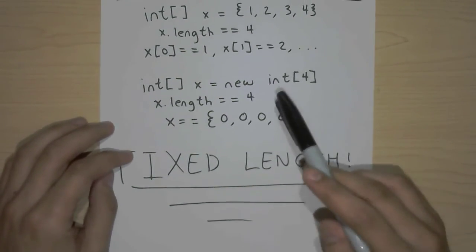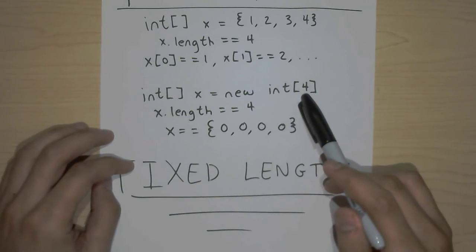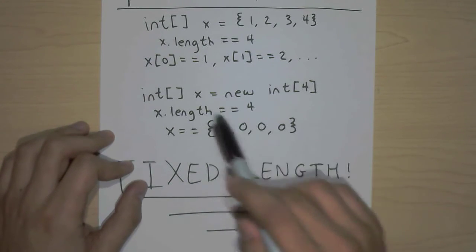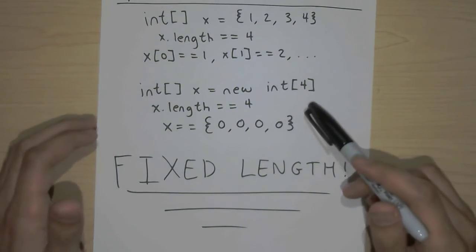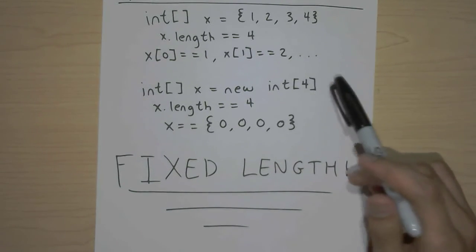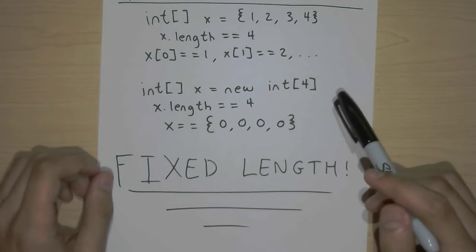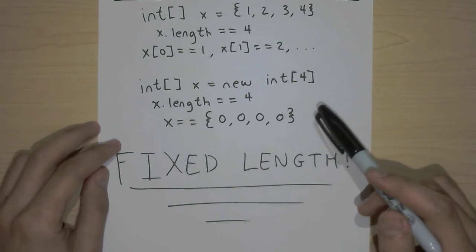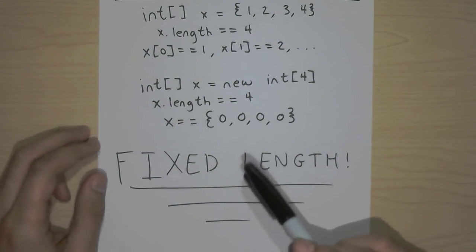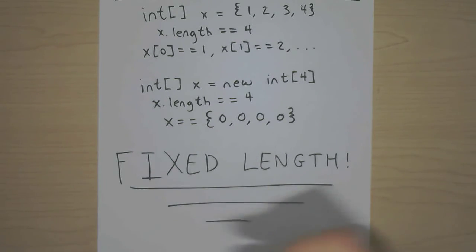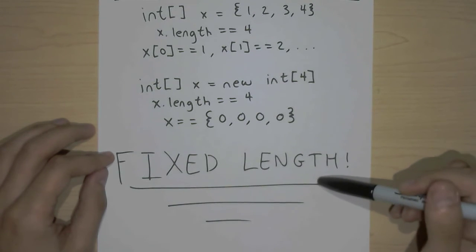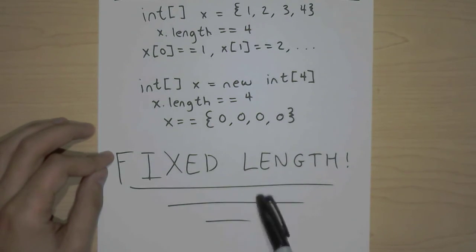In Java, if you told it it can only hold 4 elements, it will only hold 4 elements. You cannot make it hold 5 or 6 elements until you recreate the array, which would make the array empty again. So if you don't know how many values you're going to be storing, err on the side of more rather than less, because unless you want to deal with creating a new array and copying all the values over to this bigger array, just put more in, because you cannot change the length no matter what.